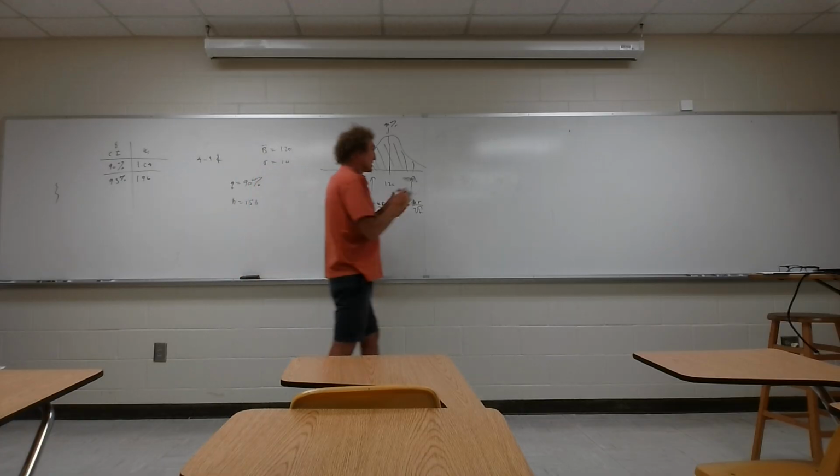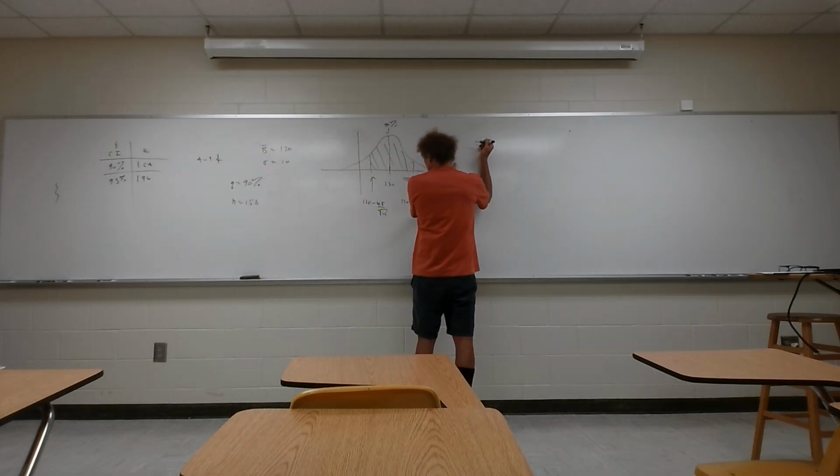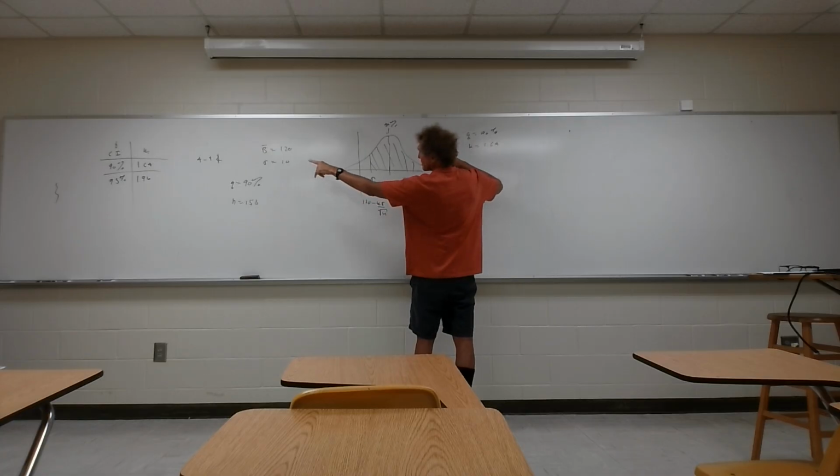So if you take a look at this, for a Q equal to 90% here, K is 1.64, I believe, from over there, but we could calculate it too.